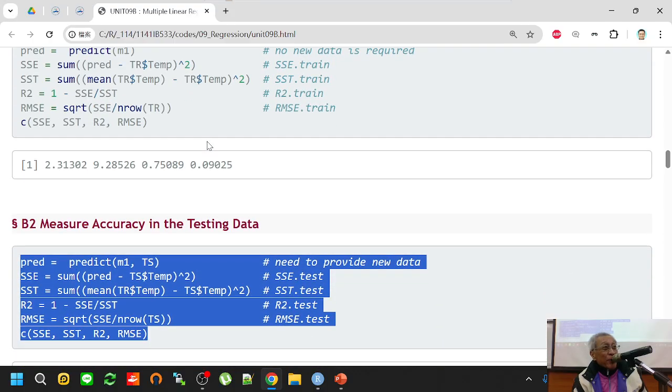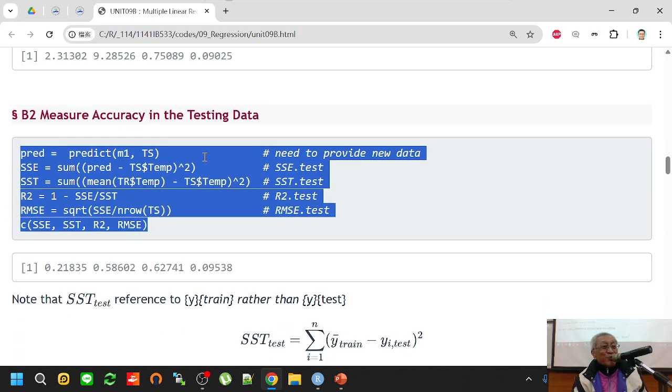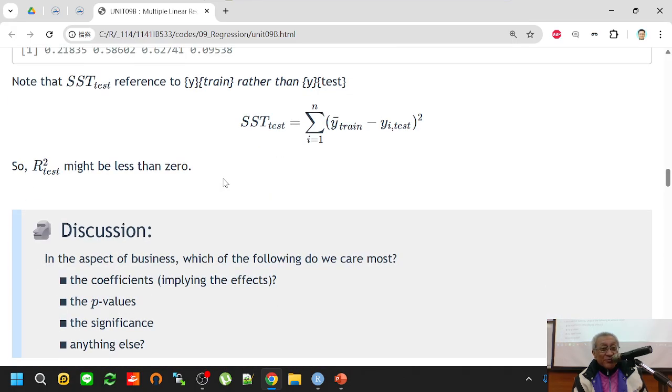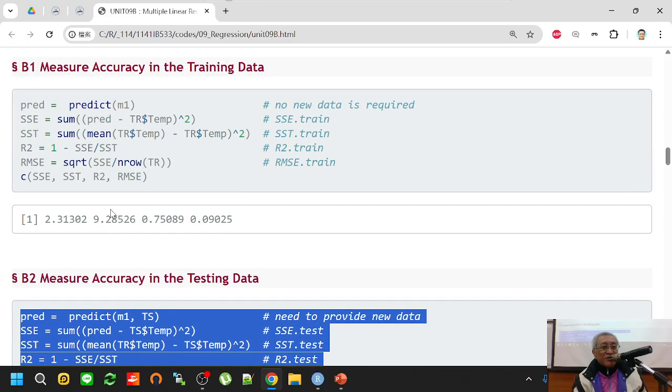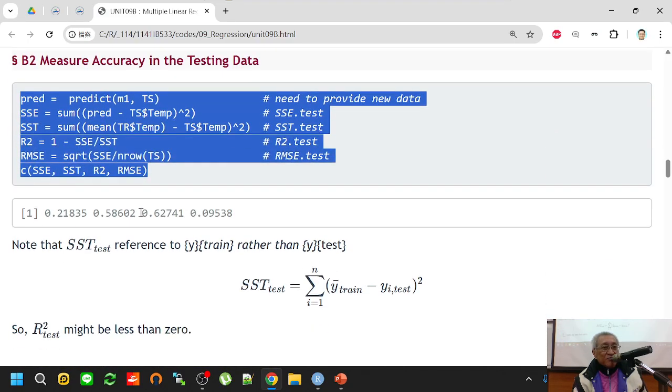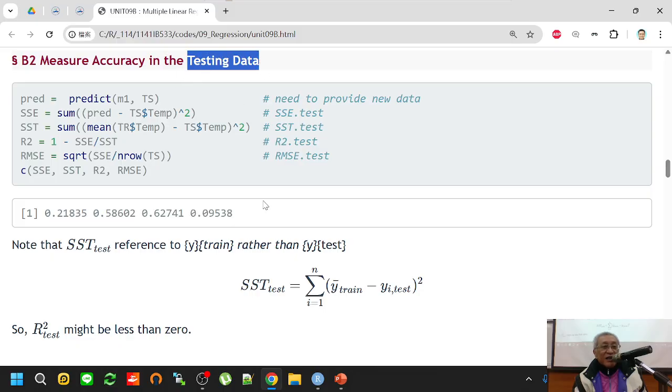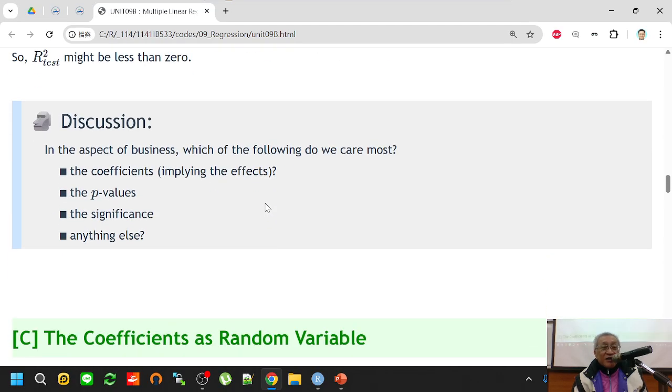If you are reading a paper using data science methods, you will also be asked to present your accuracy on testing instead of training. Traditional statistics used to present these values on the training data, but modern data science uses these measurements on the testing data.